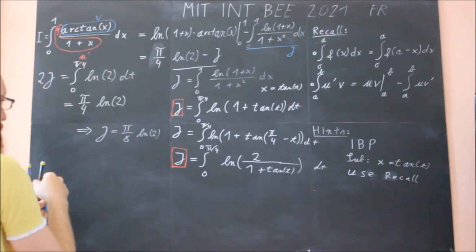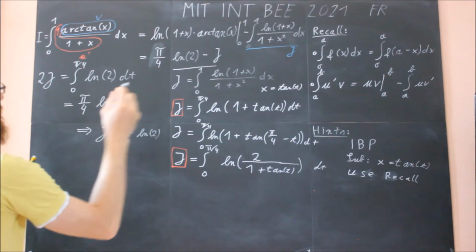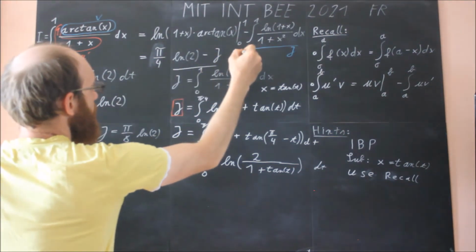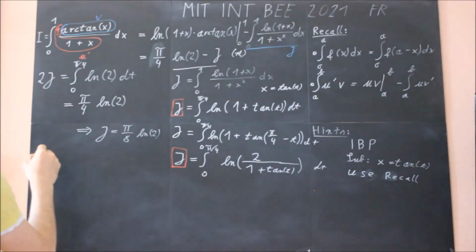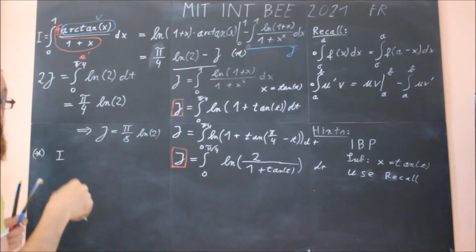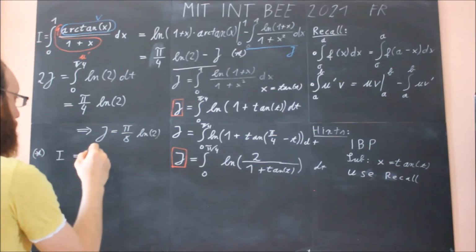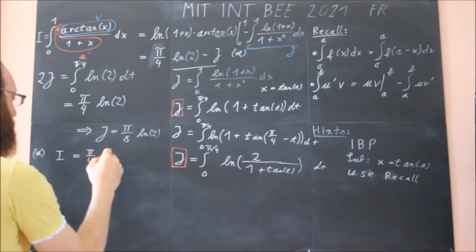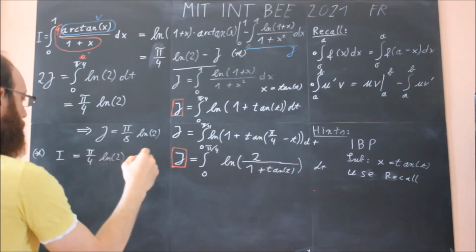And now we had also our first equation. We had from star, I, this was our final goal, is pi over 4 ln 2 minus j.